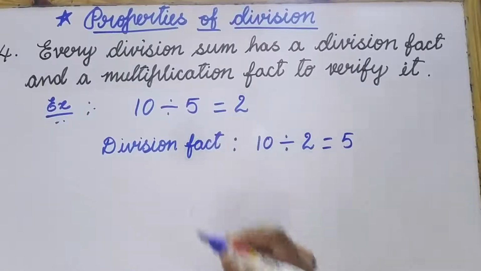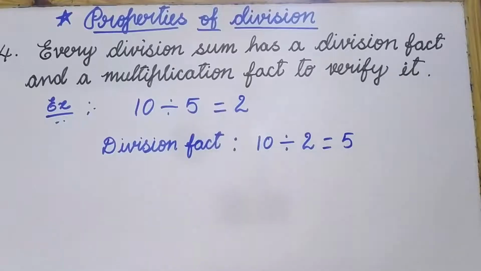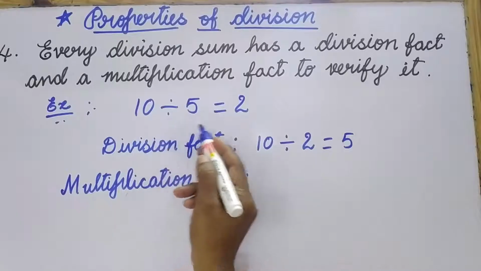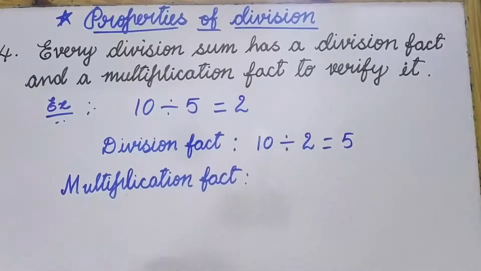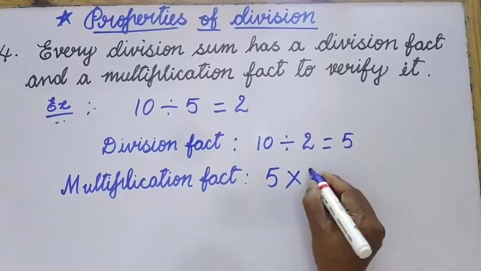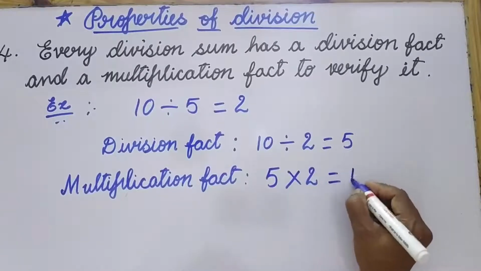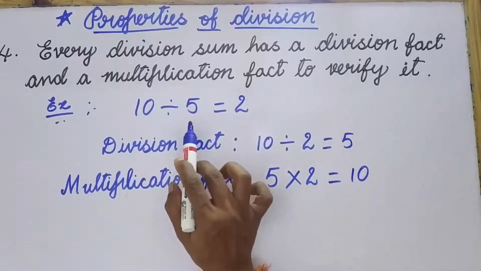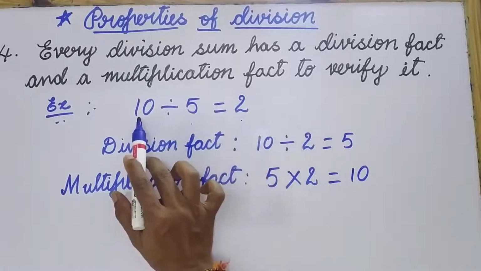This is the division fact for this sum. What's the multiplication fact for this division sum? If 5 and 2 are multiplied, we get the number 10. That is, divisor into quotient is equal to dividend.